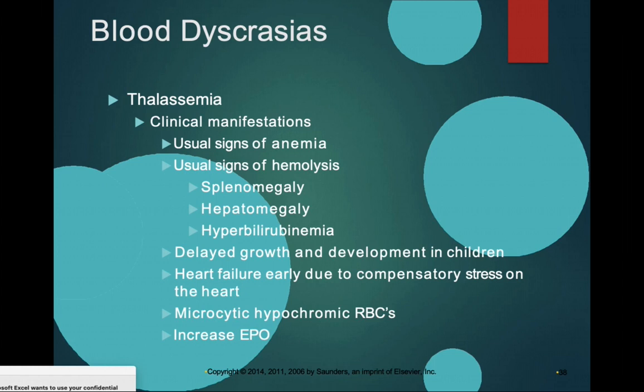EPO. If you remember back to anatomy and physiology, increased EPO, erythropoietin, this is something that is produced by the kidneys. The kidneys produce erythropoietin in response to decreased oxygen, right, and decreased red blood cells going through the kidneys.